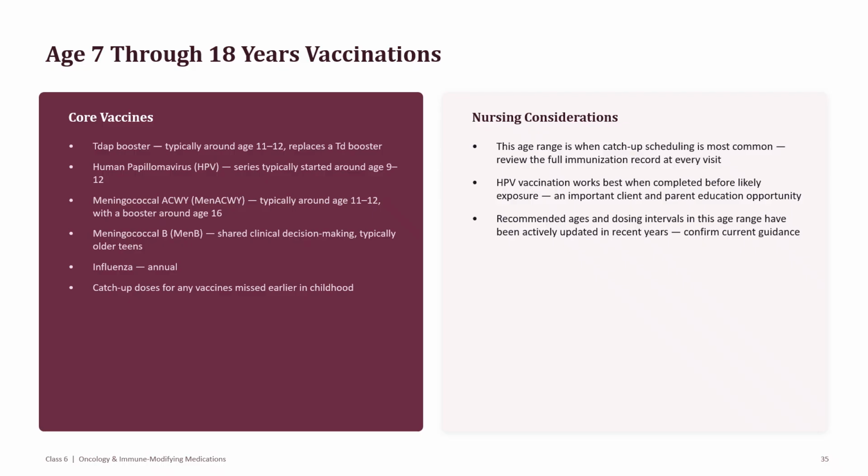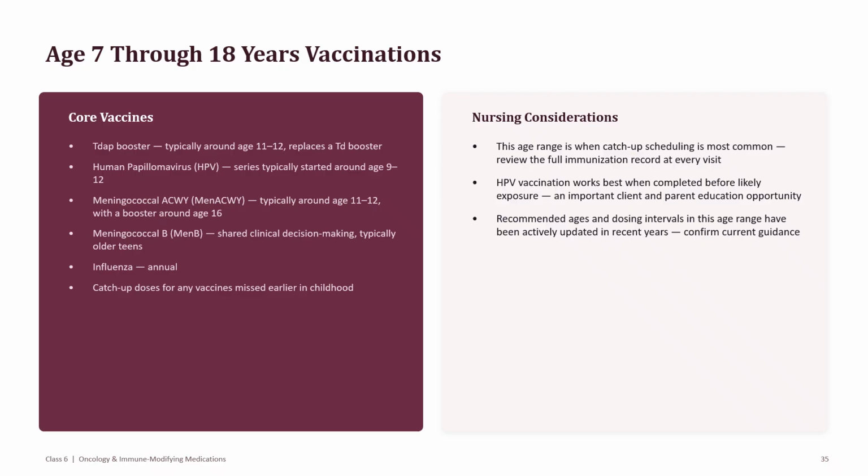That timing logic is worth explaining out loud, because "why does my 9-year-old need this now?" is a question that you will get asked. And it's because we want to vaccinate before the person or child is likely exposed.